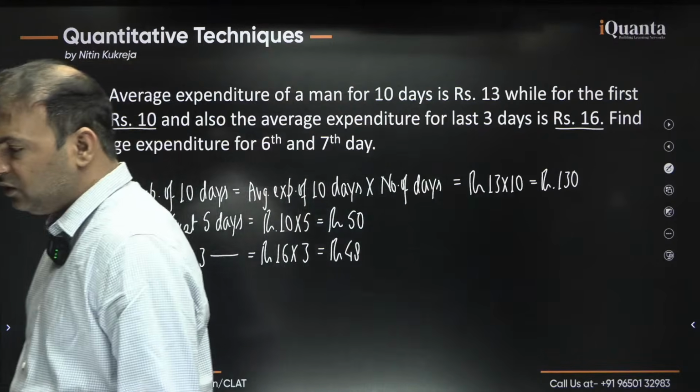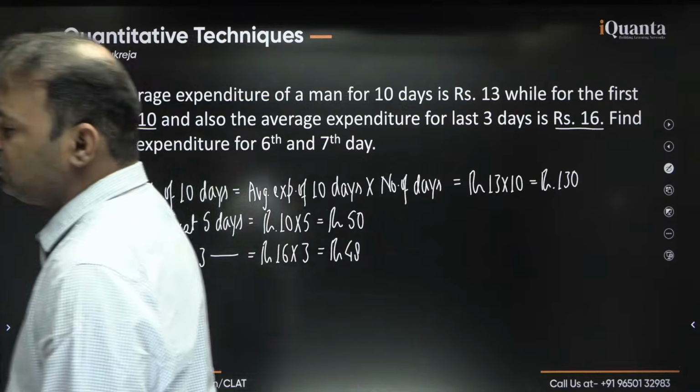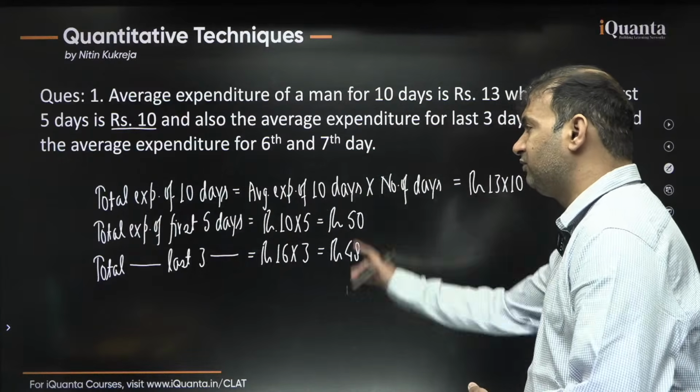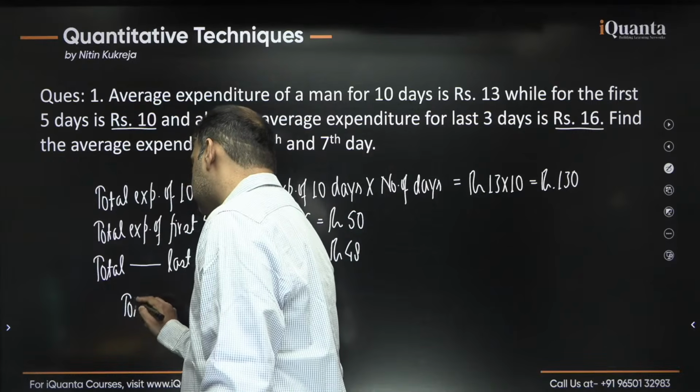So finally, we can find out the total expenditure of the 6th and the 7th day, for which we have to find the average as well, right? So what should be the total expenditure of the 6th and the 7th day?